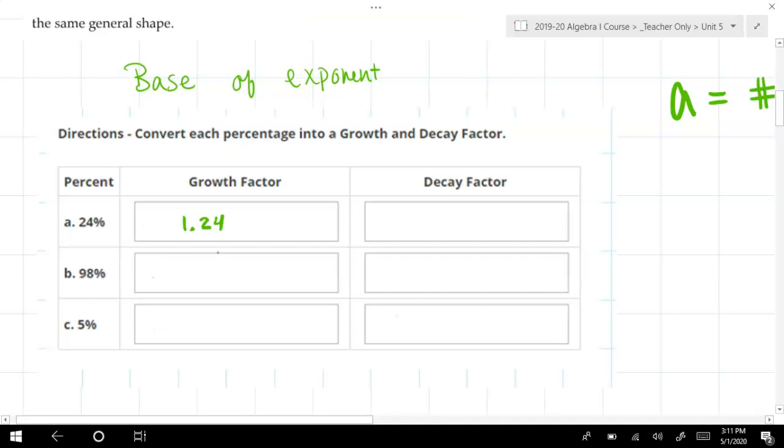So therefore, we're only going to bring back 76%. 76 as a decimal is 0.76.